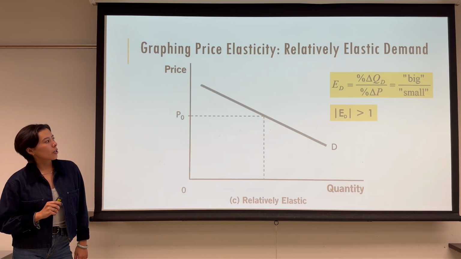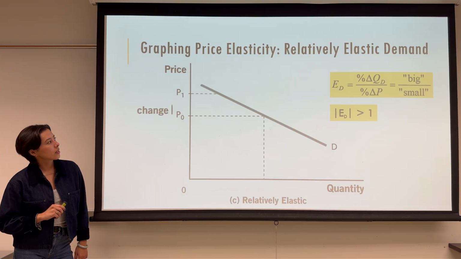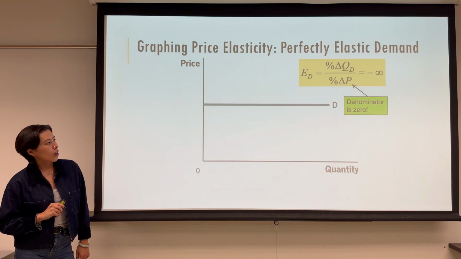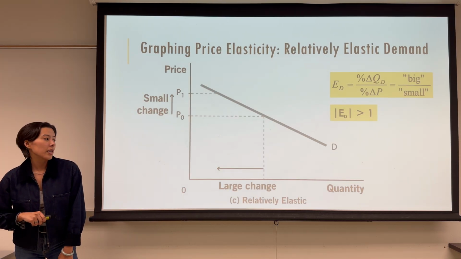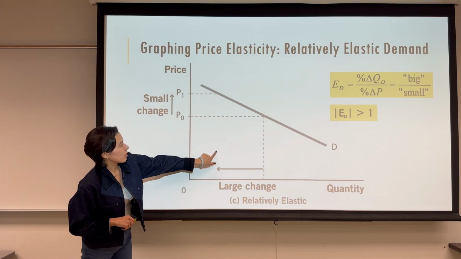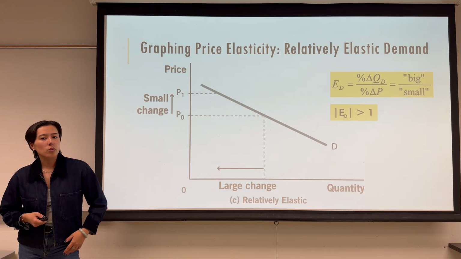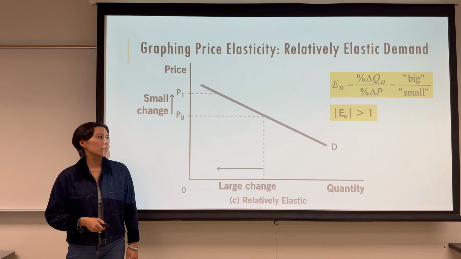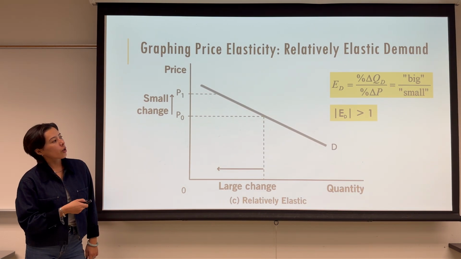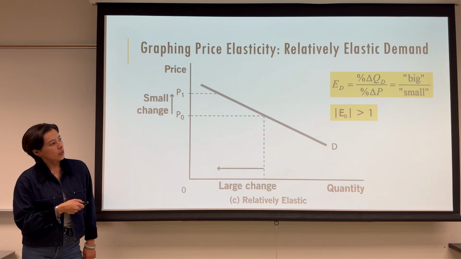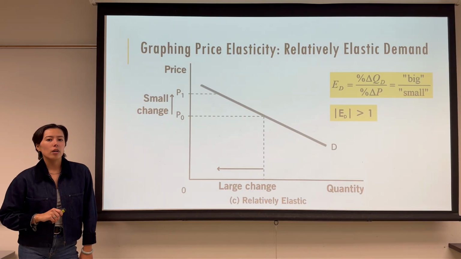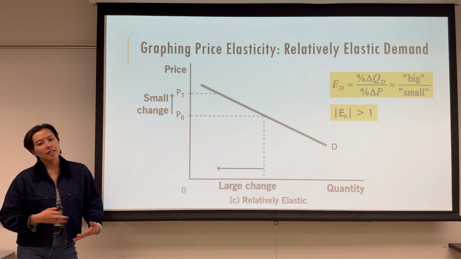So for some small change in our price, we're having a much larger change in quantity demanded. So I'm missing a little dotted line here, but for this small change in price, we're having a big drop in quantity demanded. And with our formula, we're going to look for an absolute value of our price elasticity of demand that is greater than 1.